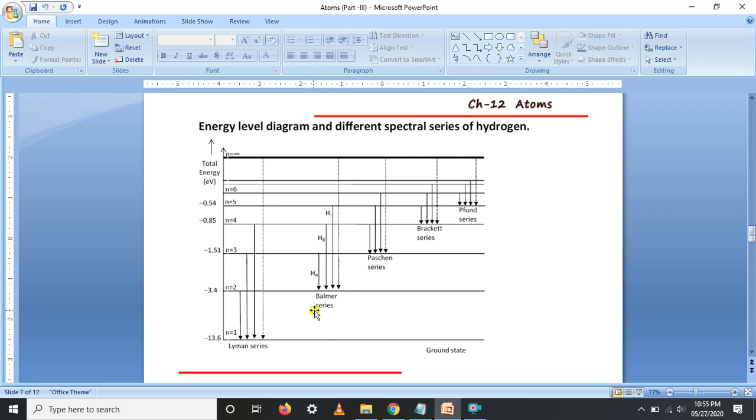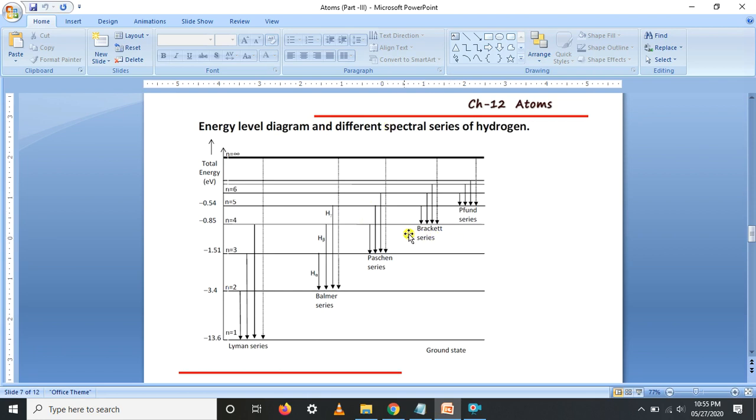For Balmer series, the N1 value is 2 and N2 value is 3, 4, 5, 6 and so on up to infinity. For Paschen series, the N1 value is 3 and N2 value is 4, 5, 6 and so on up to infinity.